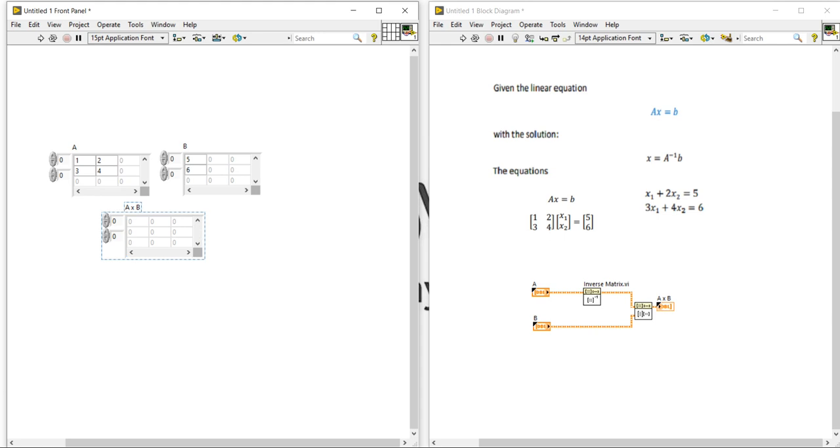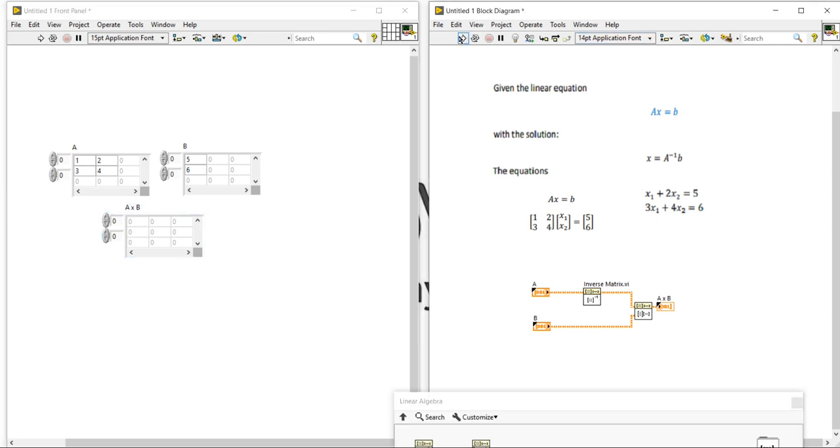So the output will be minus 4 and 4.5. If you solve it, you will get this output.